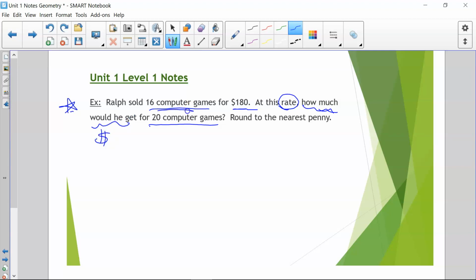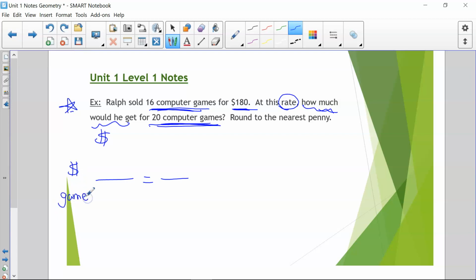So we can see that we're comparing 16 games for money here, and we need to figure out the money for 20 computer games. So that is a proportion where we could either do how many games per dollar or how much money per game. And I like the idea better of how much money per game.